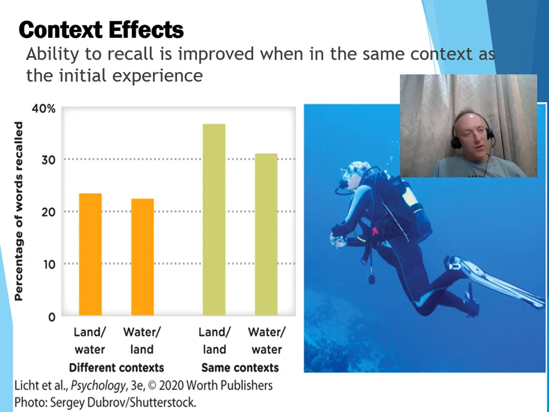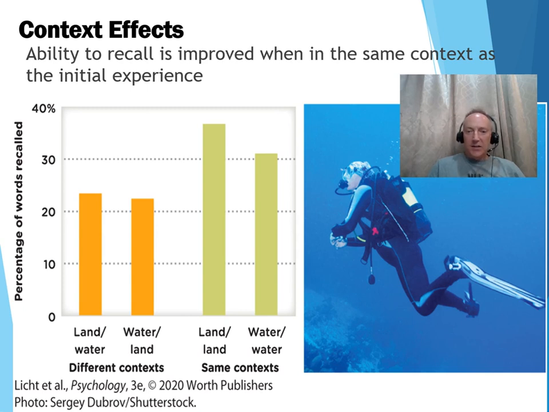So your book highlights a very interesting study where they had a unique subject pool for this study, scuba divers. So they randomly assigned the scuba divers into different experimental conditions where they were going to learn a list of words and then try to retrieve the list of words.